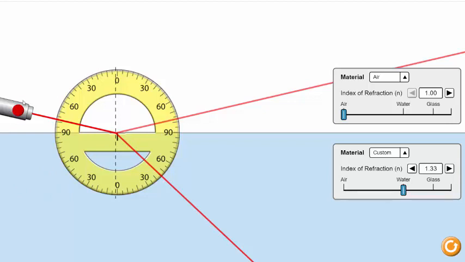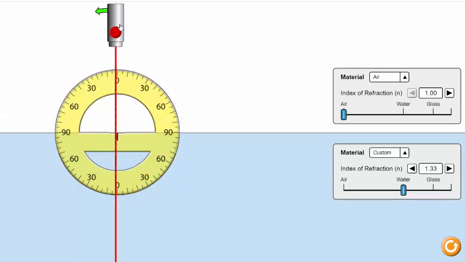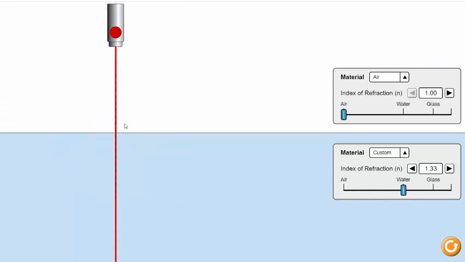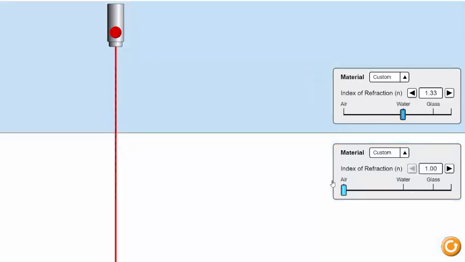So instead I will return my laser to 0 degrees. I'll even toss my protractor off screen here. And instead what I'm going to do is move this to where the water setting is, and we'll move this side to air. So in a lab, you'd have a semicircular dish of water, or perhaps a semicircular prism of plastic.